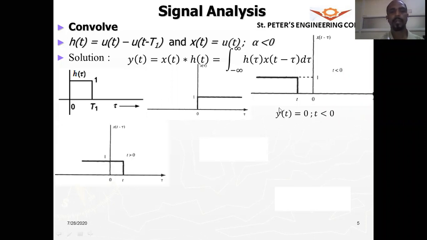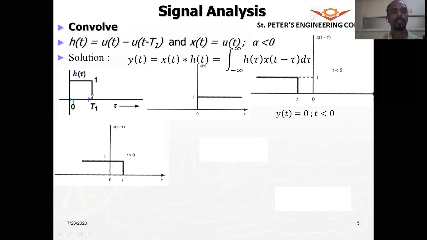Next, when t is greater than 0, up to what value can t go? Now you see that when t is greater than 0, it can be here, let me draw on this itself, it can be at this point, or just here, or just here. I have indicated 3 points.